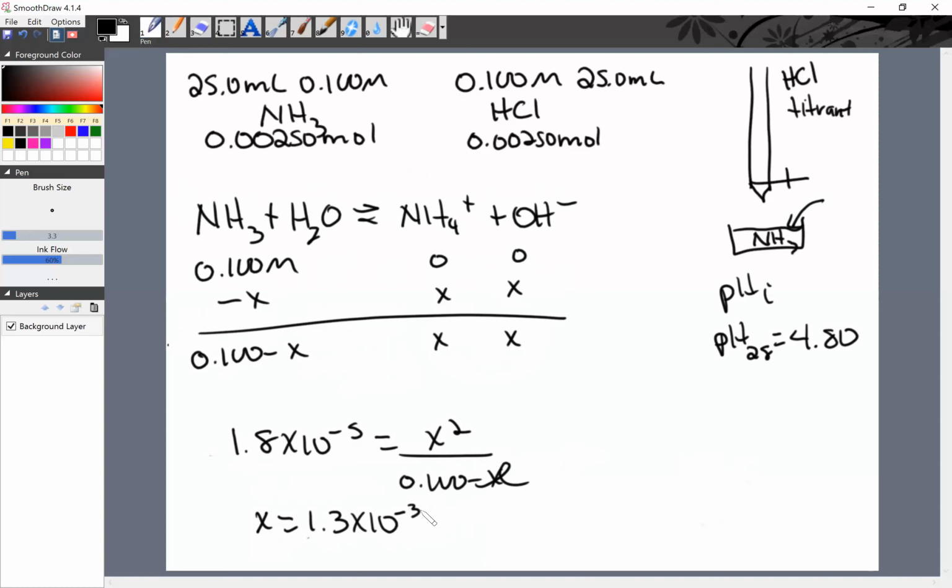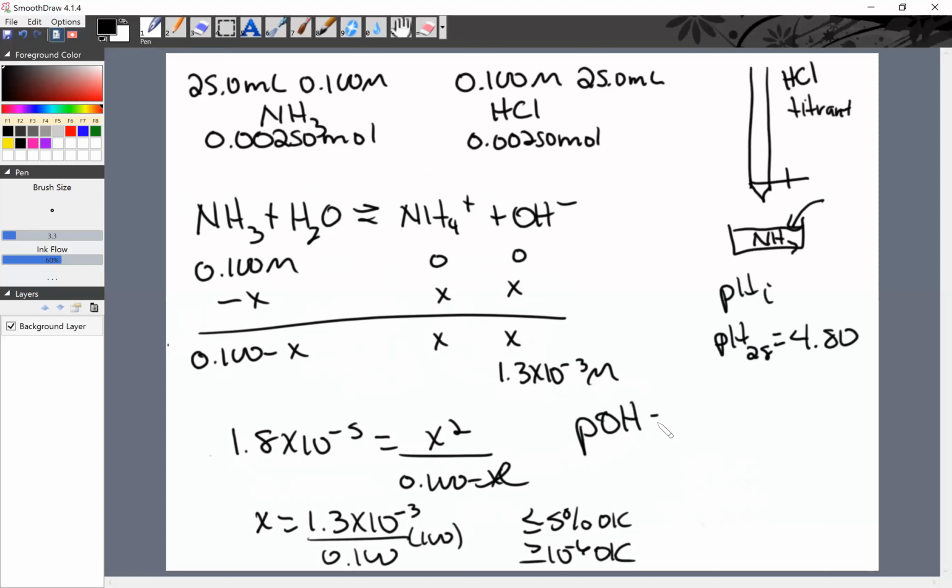Okay, let's do our checks. 1.3%. So that one's okay, and it's greater than 10 to the minus 6, so that's okay. So I'm going to put that number up here, 1.3 times 10 to the minus third molarity, and take the negative log of it. 2.87. Sorry, one more time. 2.87, thank you.